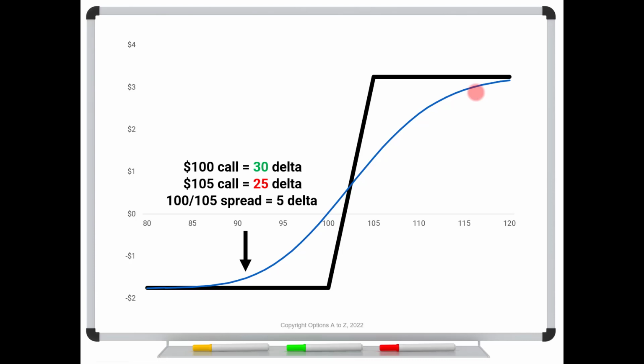So this is why it's not only important to understand what a spread delta is, it's simply the net between these deltas, but this is also why it's important to understand your gamma and your theta. Because that way, just by looking at your broker's platform, you can tell if you are on the profitable side of the strategy or if you are on the losing side. It's not just about understanding the spread delta.